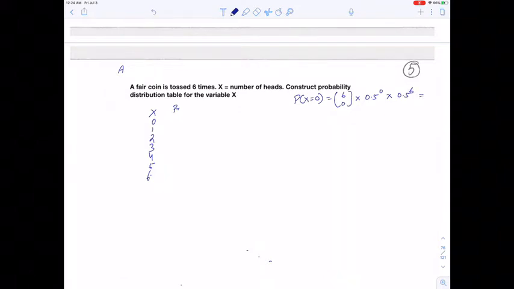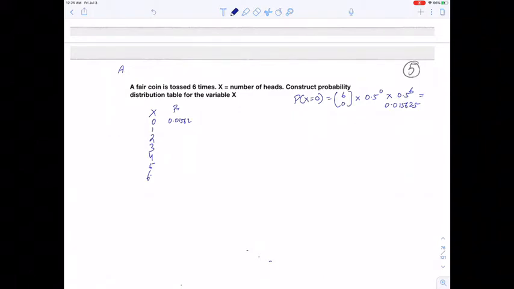Calculate that. We get 0.015625. That means the probability of getting 0 successes is 0.015625.